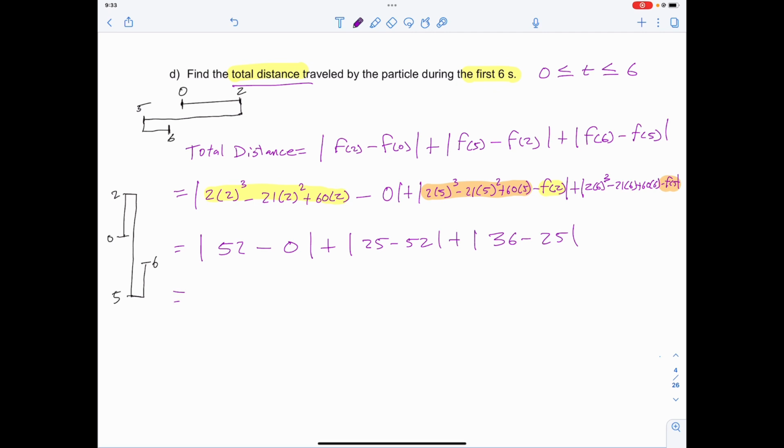And that's going to give me the absolute value of 52 plus the absolute value of negative 27 plus the absolute value of 11, or 52 plus 27 plus 11, which means that the total distance is 90 meters.